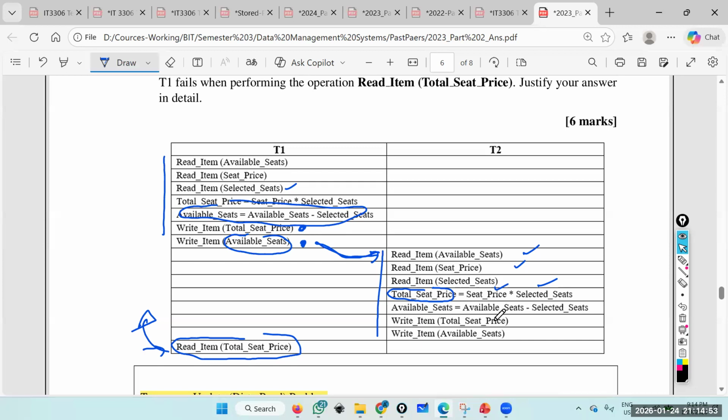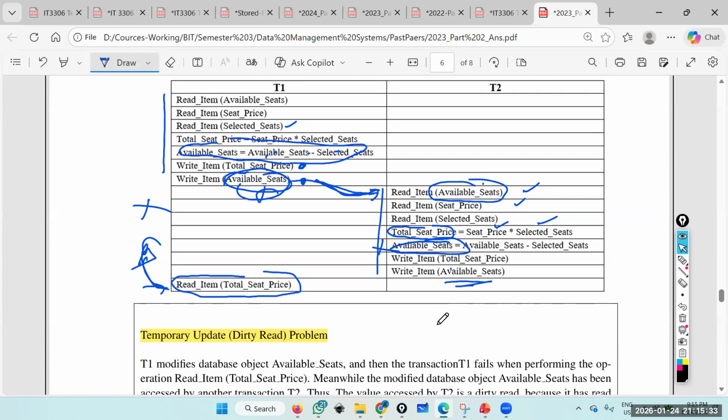Yes, you also read, but after this, but this is now wrong because this is rollback. So therefore, your calculation of available seats is wrong now, and you write it. So you need to explain that, right? The conflict is reading of this available seat because after doing some calculation they have updated, but that update is wrong because this guy has reduced the available seats by selected seats, but actually those selected seats are now not valid. So therefore, this is wrong. You need to explain.